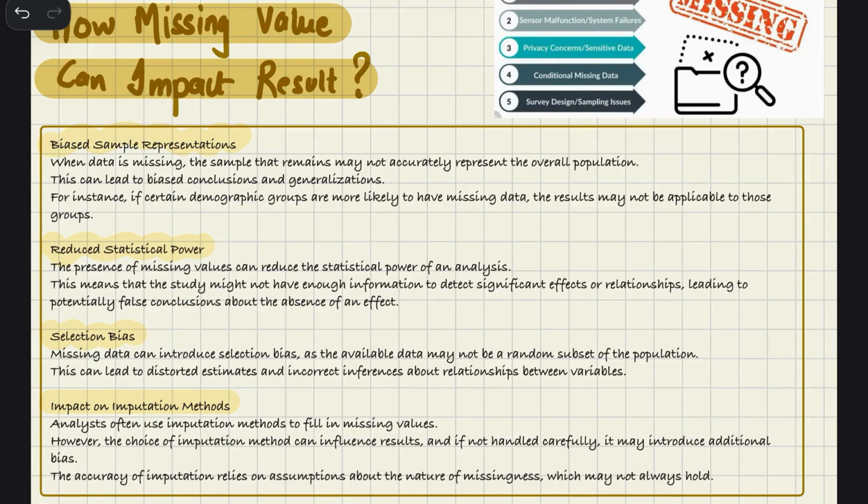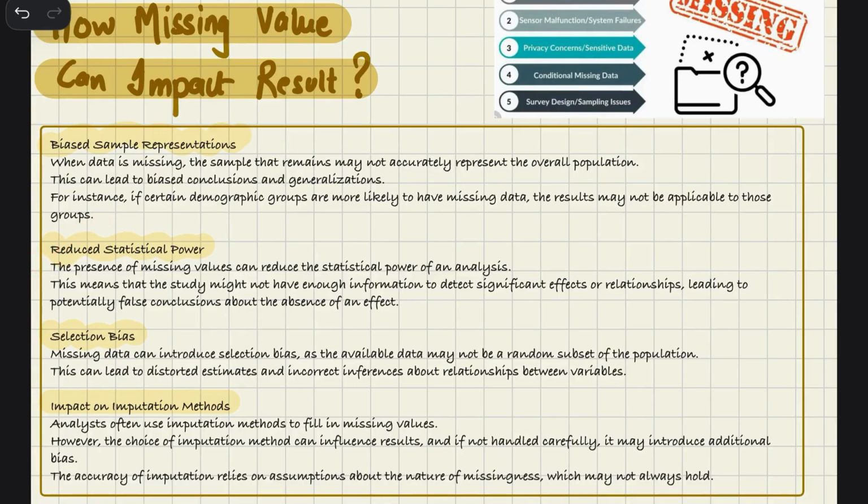For example, if most males are not filling in their salary, and most females in our survey are not filling in their age, you are consistently missing required data, and there can be bias in terms of salary for men and age for females, right?